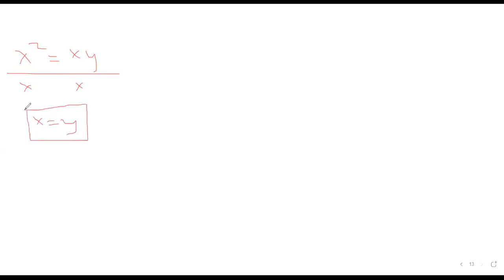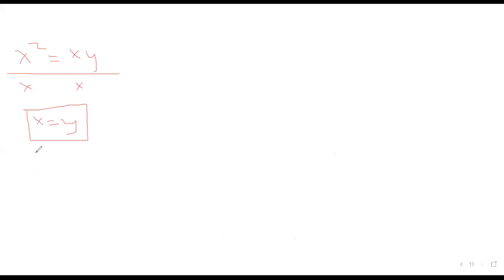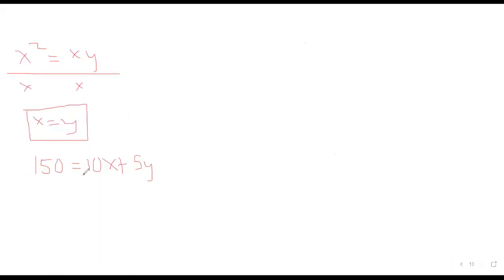Then we substitute in the budget line. X is equal to y. What is our budget line? 150 is equal to 10x plus 5y. Since x is equal to y, you can substitute either one.